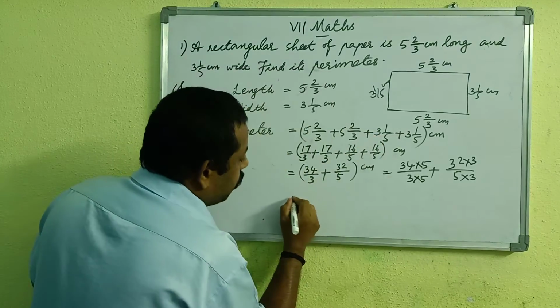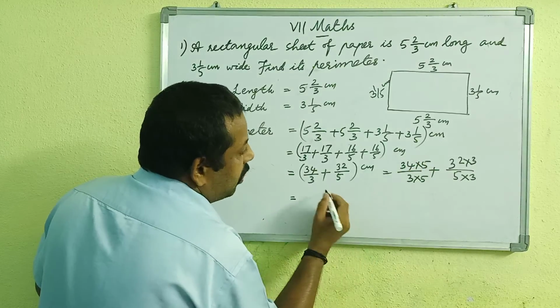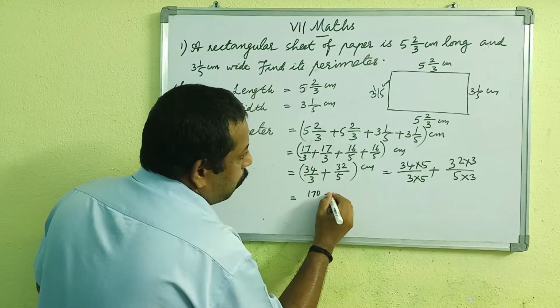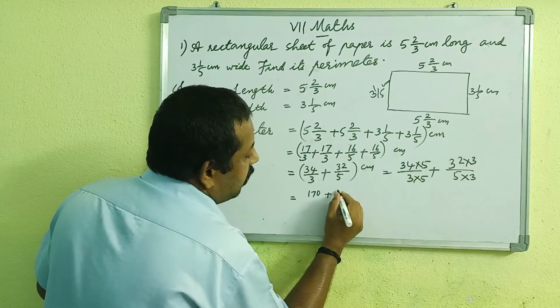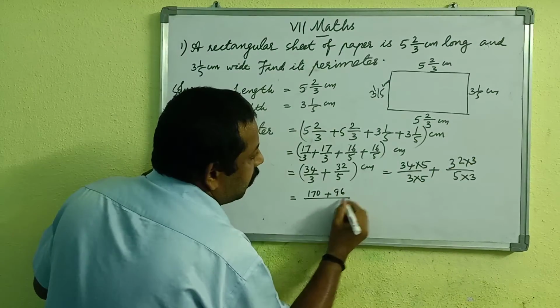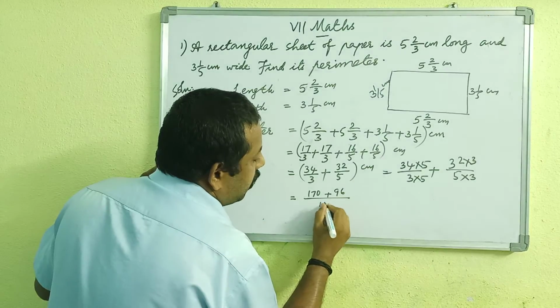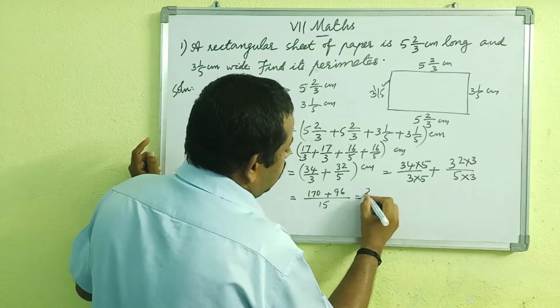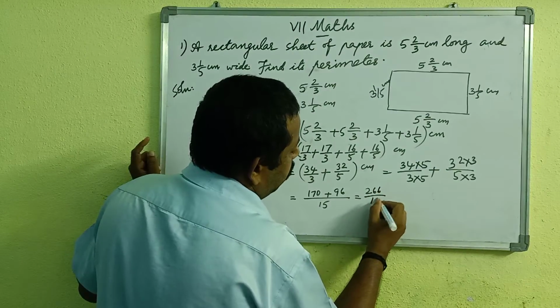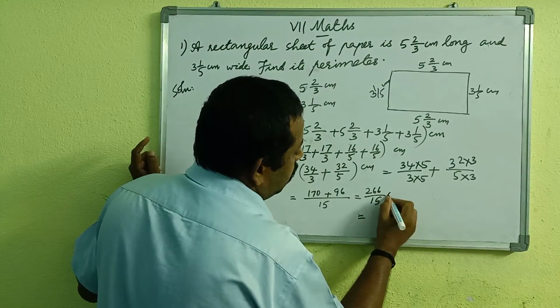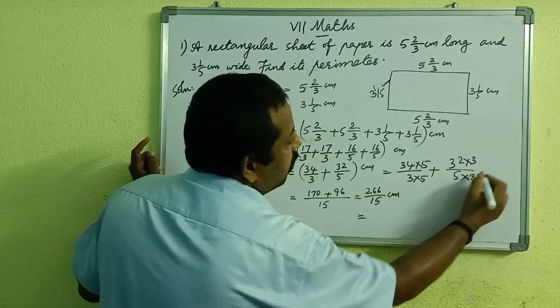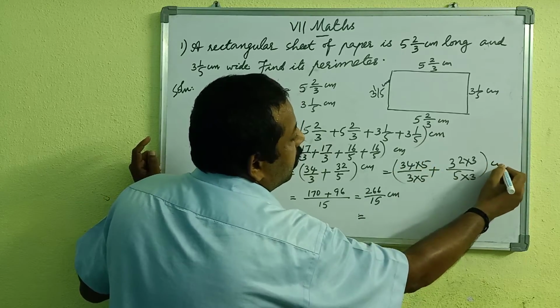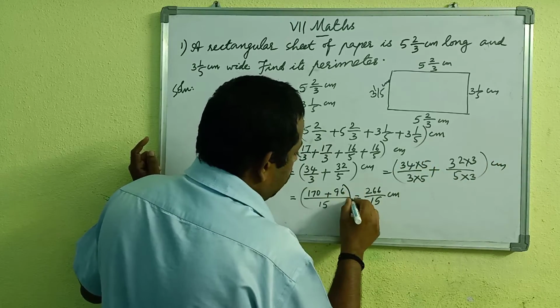So it is equal to 34 5s are 170 plus 32 3s are 96, divided by the common denominator 15. 170 plus 96, 266 divided by 15. This many centimeters. Here all you can write centimeters, okay?